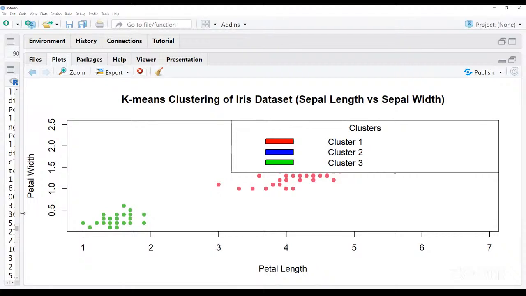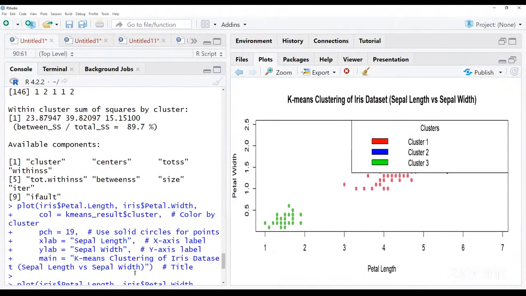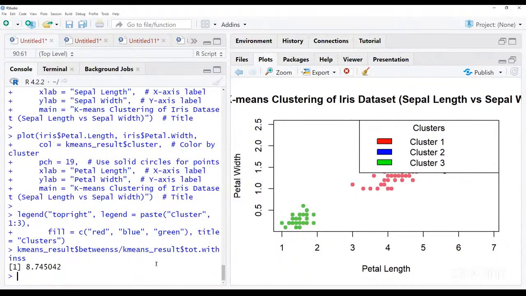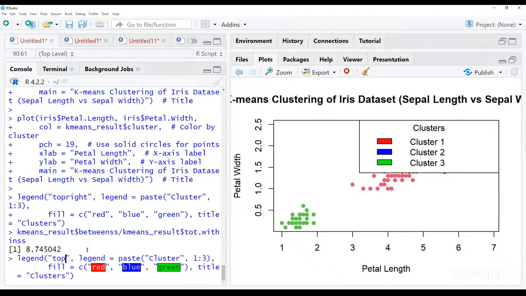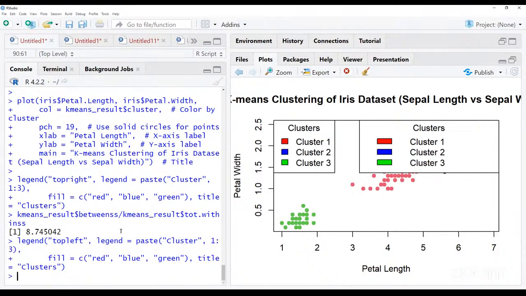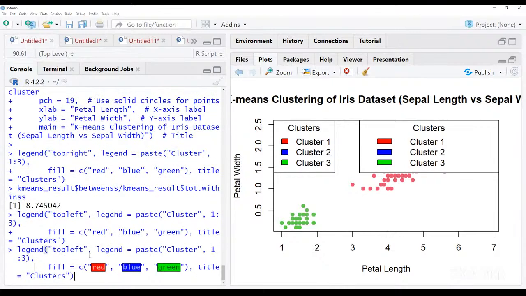If we change the legend position, legend below, then you can see it. It is written top right. Instead of top right, you write down other thing, maybe top left, but top right is already there. No, top left, that is okay.